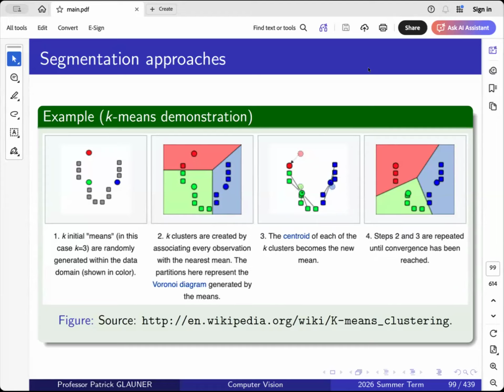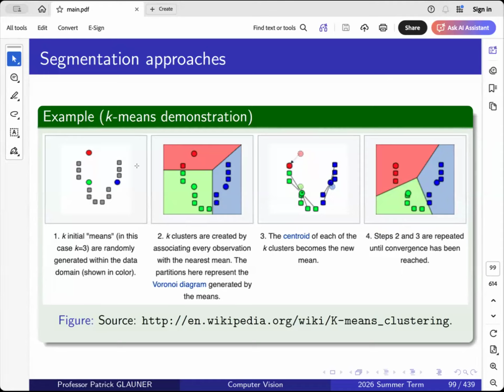Now I repeat this because what I see is this is the center of the red cluster, and there's already one observation there, but these two observations are also closer to the red center than to the green center. So I do this again, and then I recalculate the means again. And when this algorithm converges, I have this solution here.